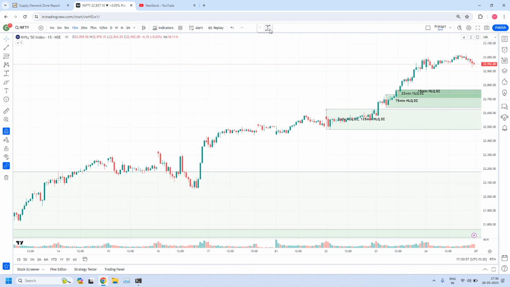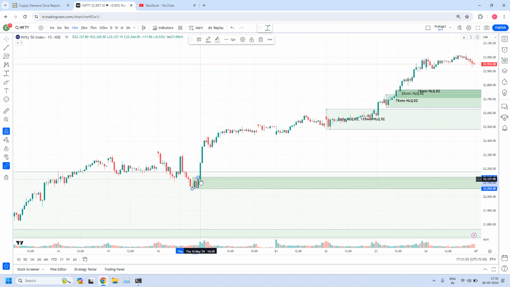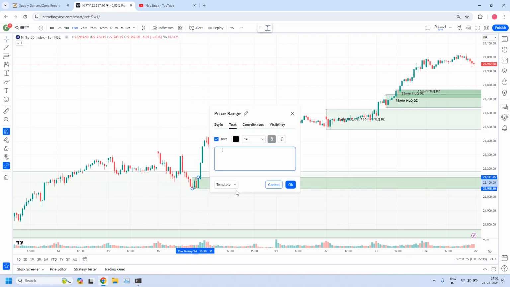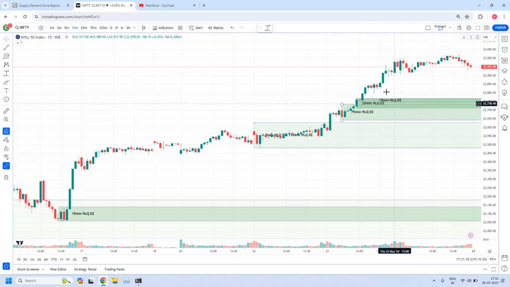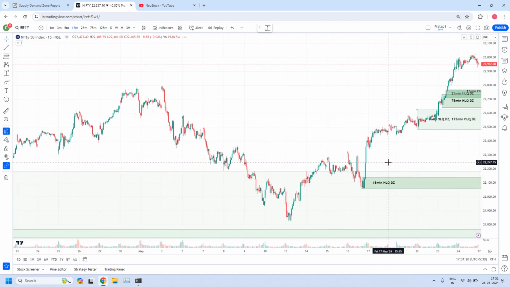One, two, three, four. This is the one. This is also a 15 minutes high liquidity demand zone. It's far below the recently available 15 minutes high liquidity demand zone.